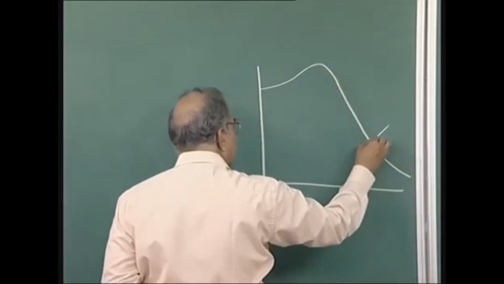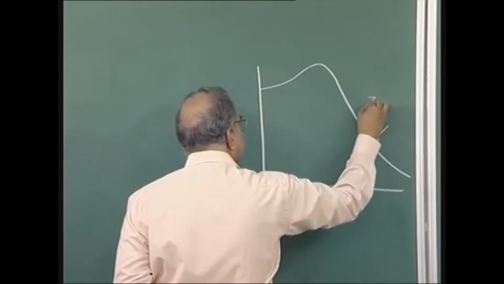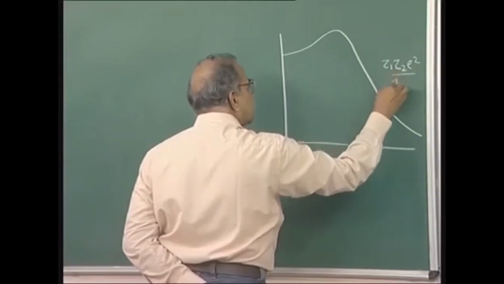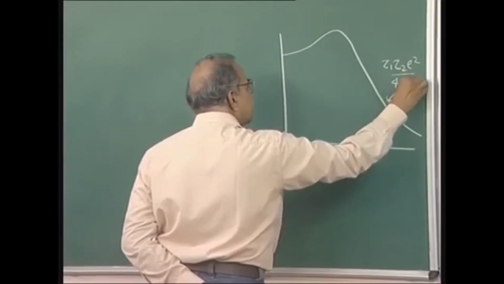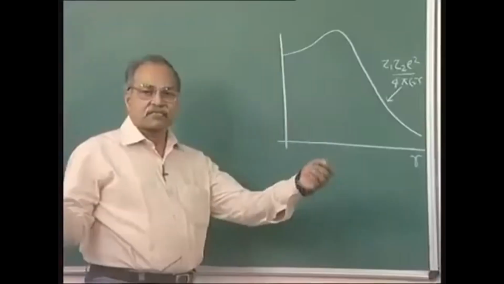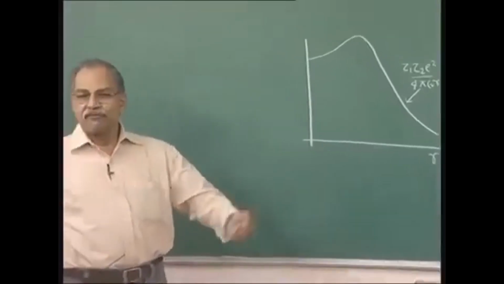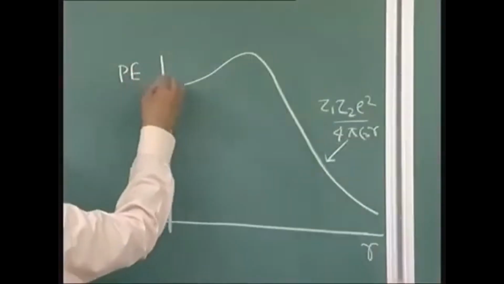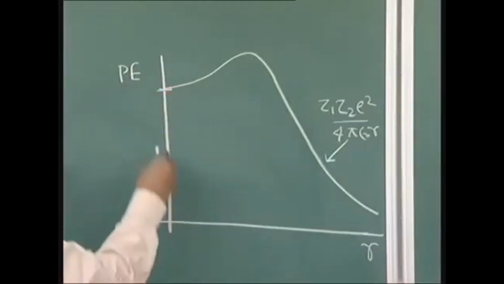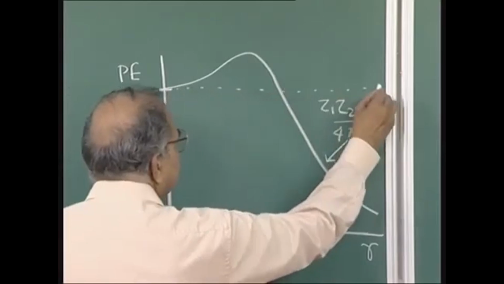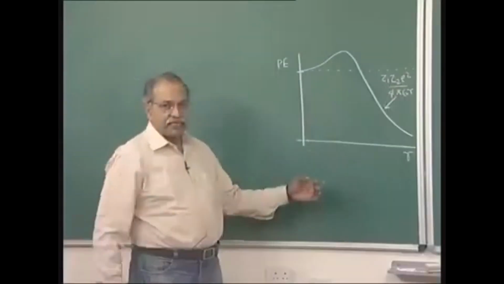This part is the Coulomb part, the 1 by r part, Z1 Z2 e squared by 4 pi epsilon r. This side is your deformation parameter, which later on will become just the separation between the two fragments, and this side is the potential energy, and this is the energy which is released when the fission does take place.